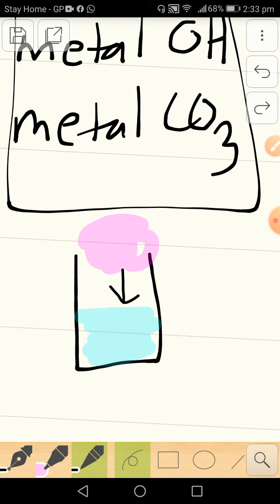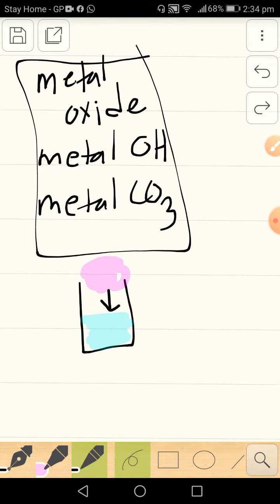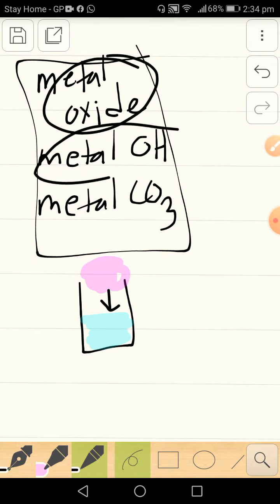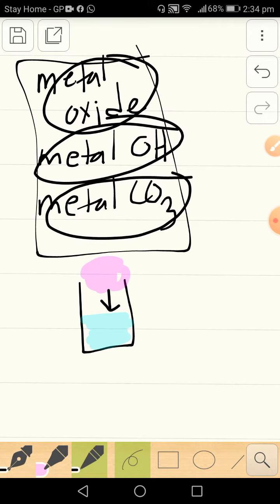Initially it dissolved because it reacted with acid, but now it will simply dissolve because of its solubility. Because it is soluble in aqueous solution or in water or in acids. So there lies the problem. If the metal oxide, hydroxide or carbonate is soluble in water, then it would also be soluble in acidic solutions.